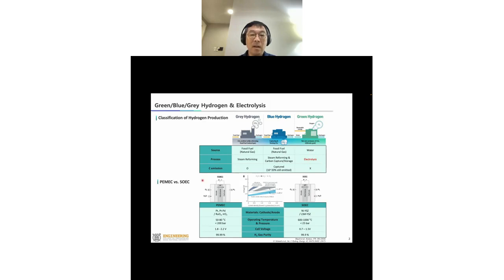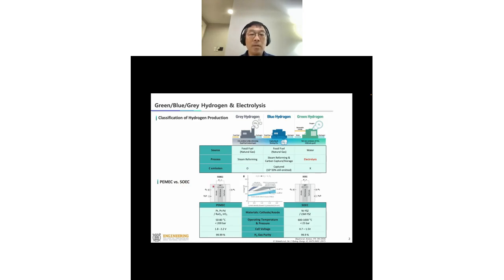The typical electrolysis is represented by two or three devices. One is based on the proton exchange membrane. The other is the solid oxide membrane, and basically this is similar to the proton exchange membrane fuel cell or the solid oxide fuel cell. So it has the same characteristics of both devices.